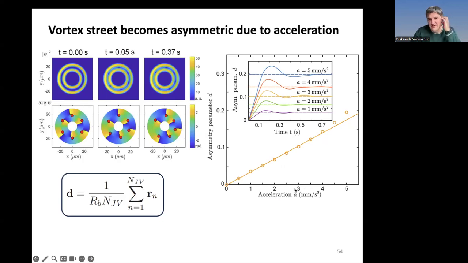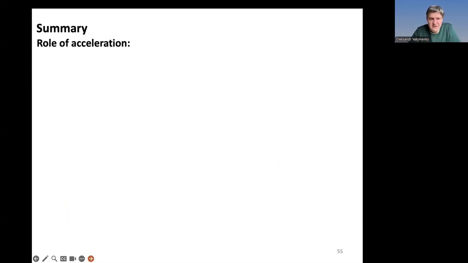This means that by measuring this deformation of the lattice, you can calculate the acceleration. So you can use it as an element for measuring acceleration.